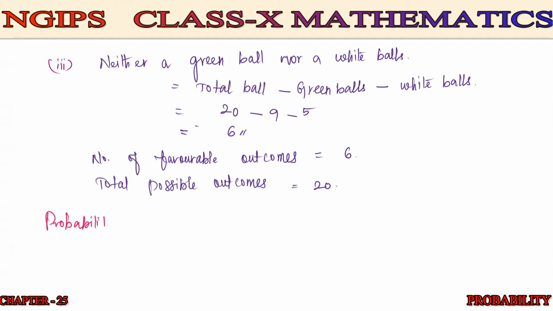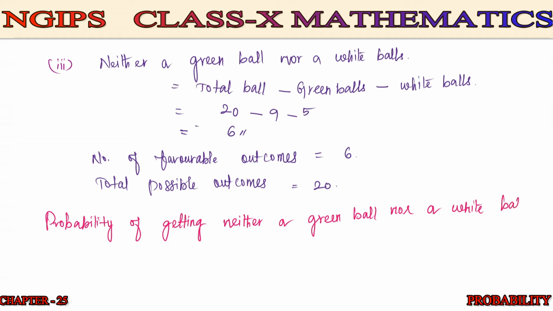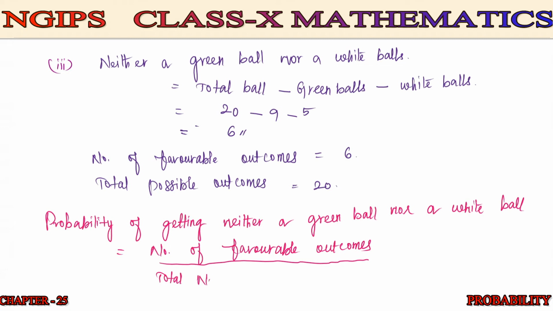Probability of getting neither a green ball nor a white ball is equal to number of favorable outcomes divided by total number of possible outcomes.